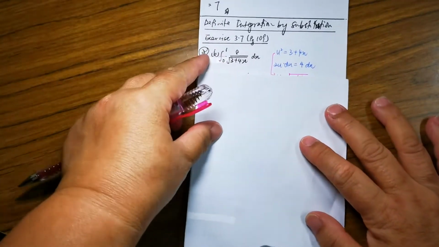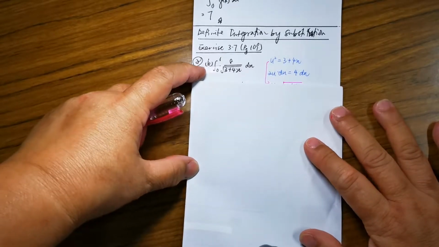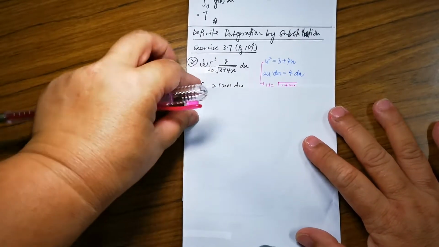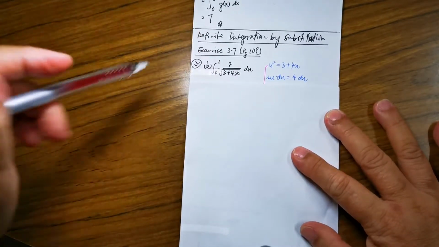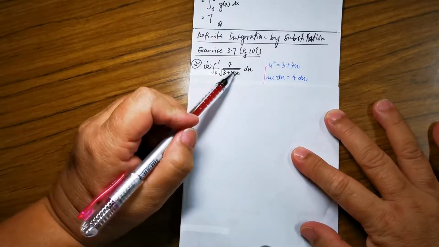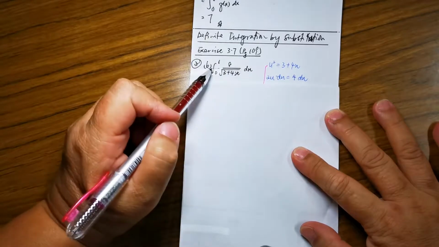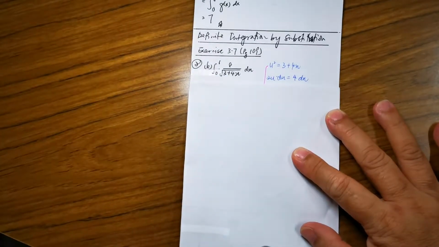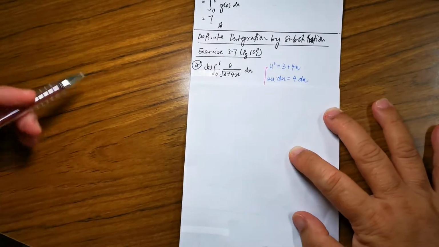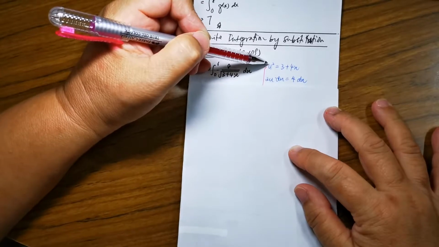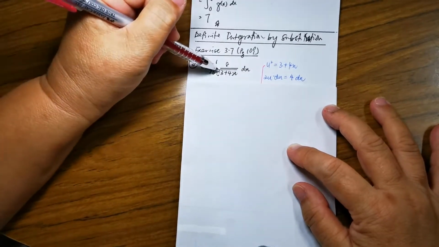All right, 2B. The question says integrate 8 over square root of 3 plus 4x, dx, from 0 to 1. You are given this substitution: use u squared equals 3 plus 4x. Of course, because you see a square root.